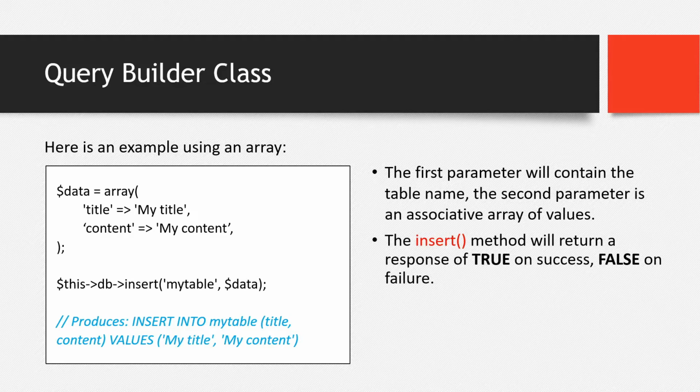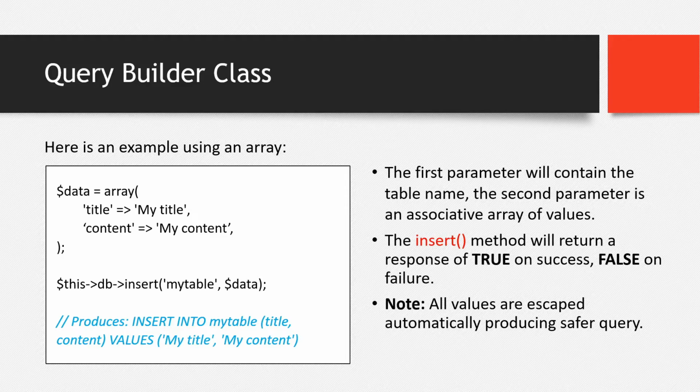The insert method will return a response of true on success, then false on failure. Note, all values are escaped automatically, producing safer query. So that's the good thing if we're using a query builder class. And I totally encourage you guys to use this kind of method instead of using the query function. Okay?